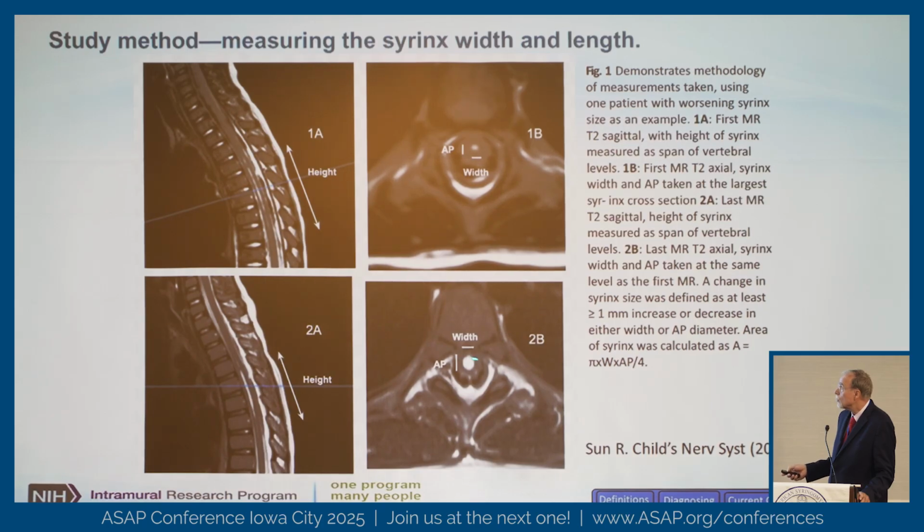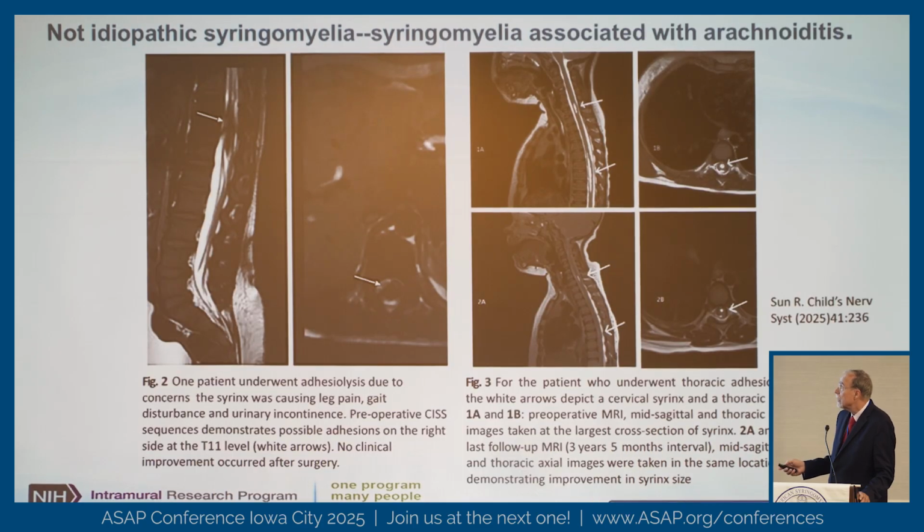This was one of the larger ones, but it didn't really distend the spinal cord. And here's the one they operated on. You can see this is different. The syrinx is larger, has round ends, and they found the culprit. They found a block there in the spinal fluid.